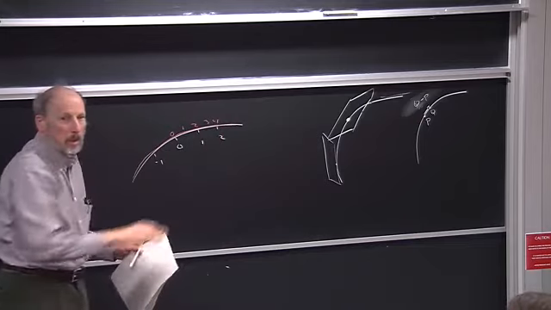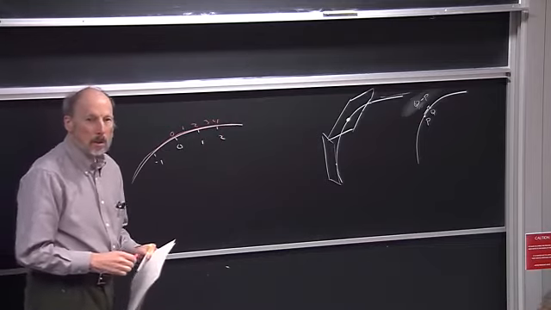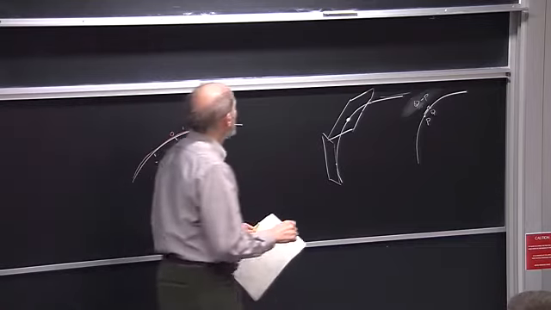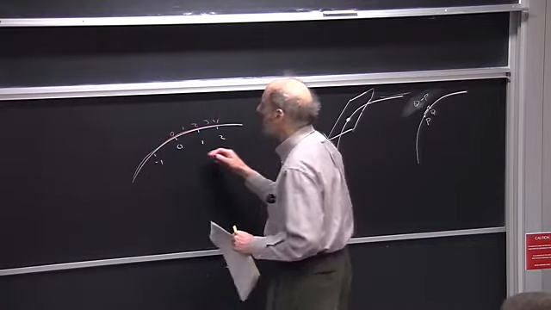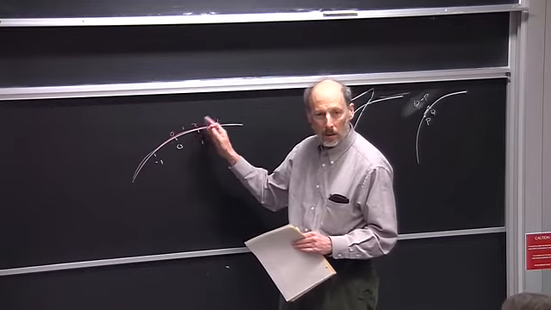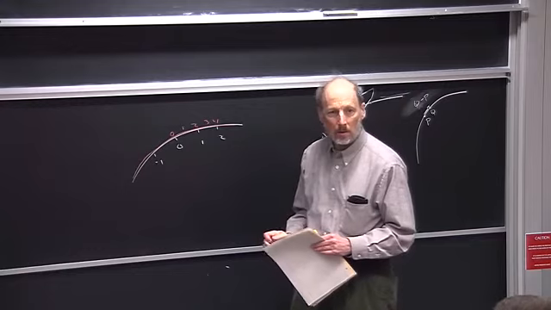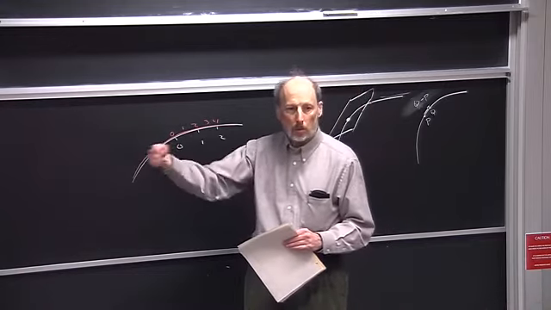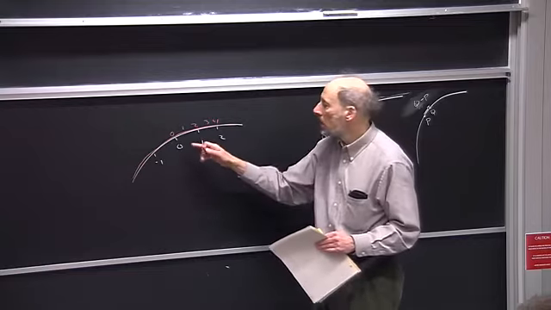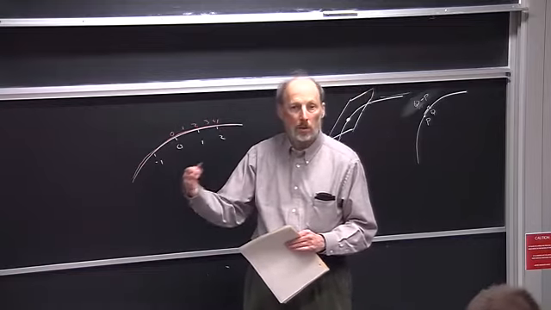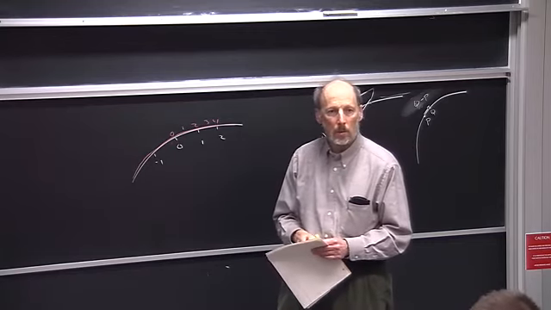So if the parameter runs at a different rate, then it's not tangent. That's a good point, because if you wanted to define a multiple of the tangent vector, the simplest way is to use exactly the same curve, but change the rate at which the parameter runs. That'll give you a multiple of the vector. So those will all be proportional to each other. If it's the same subset of the manifold, they'll all be proportional as vectors. They aren't necessarily equal.